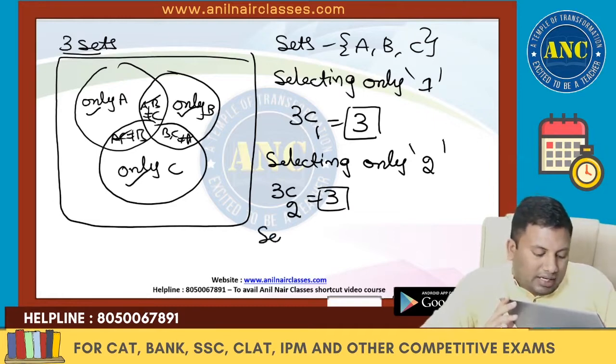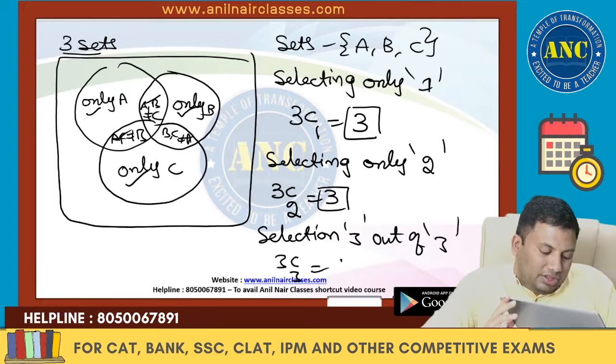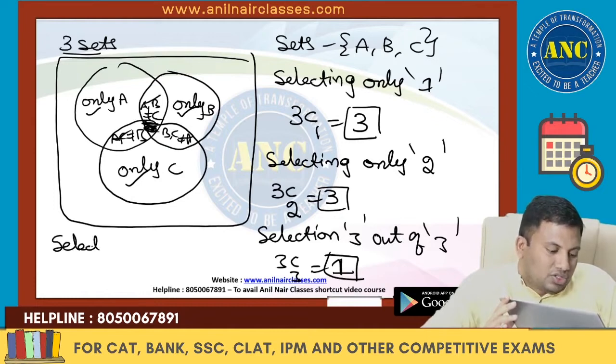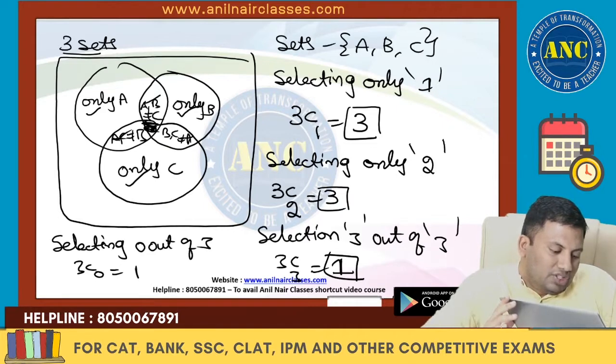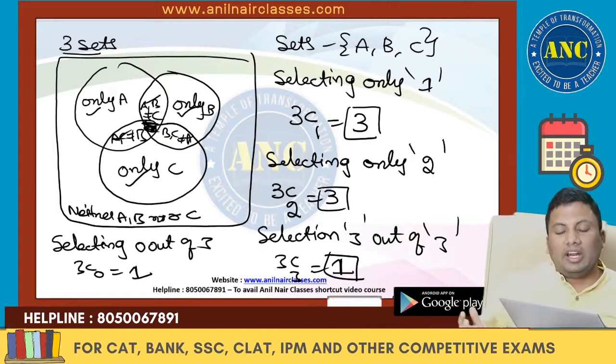I am selecting 3 out of 3. 3C3 which is 1, which is this region. Right? I am selecting 0 out of 3. 3C0, which is nothing but 1, which is here, neither A, B nor C.